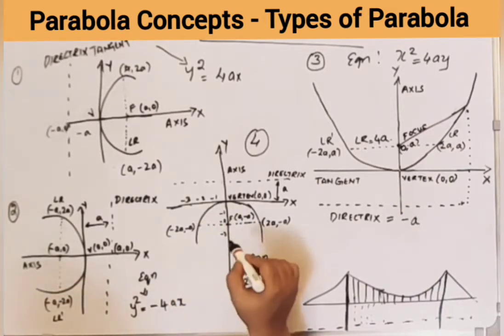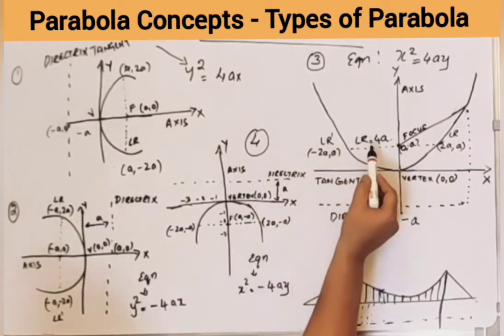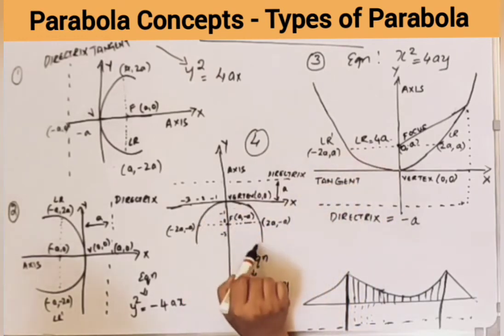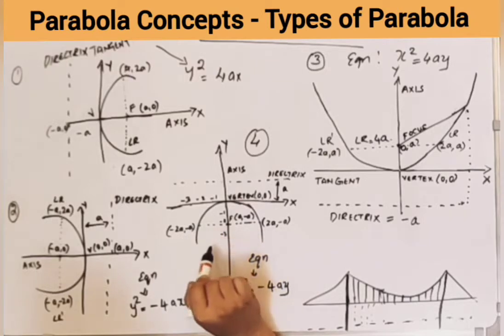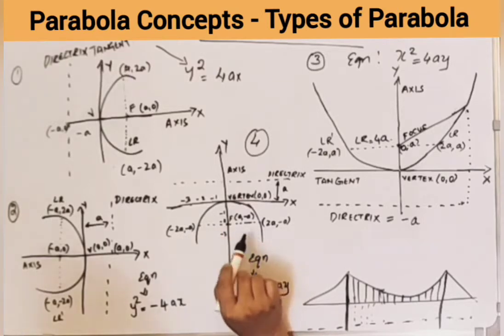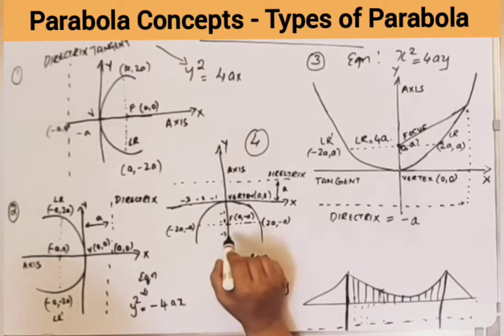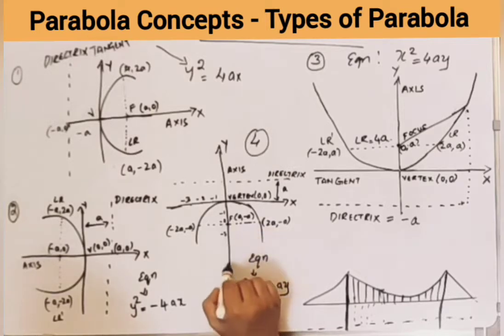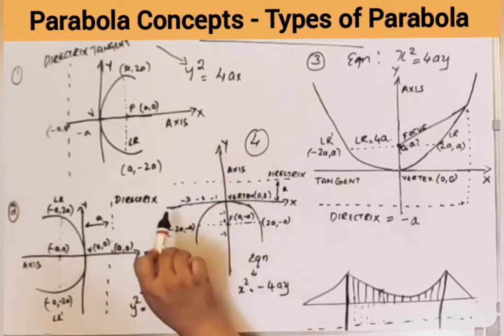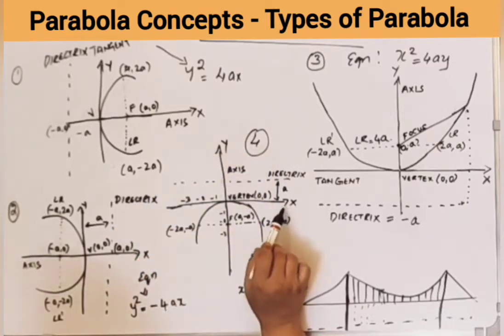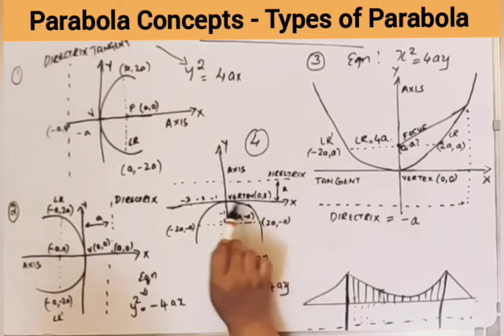In this case, it's the same as the third type, but it falls within the third and fourth quadrants, that is the bottom quadrants where x and y are negative. Here again the axis, which passes through the focus, is the y-axis, and the tangent is the x-axis. The tangent is nothing but the line that passes through the vertex.